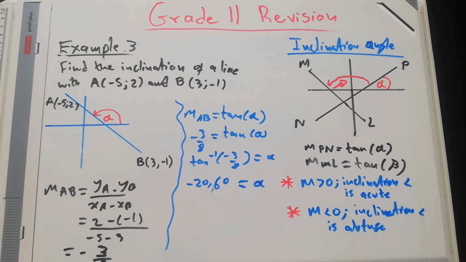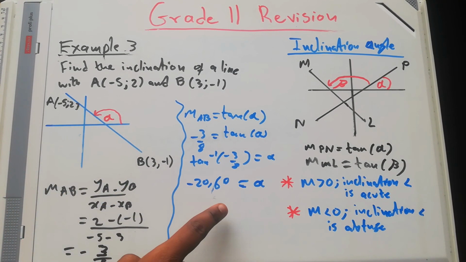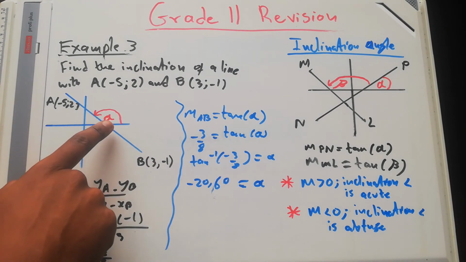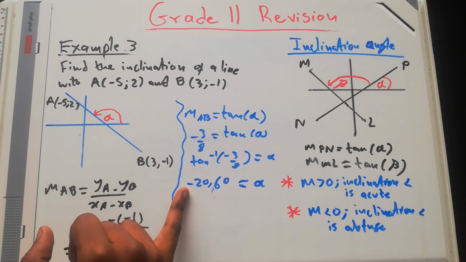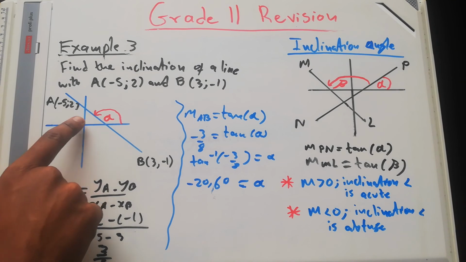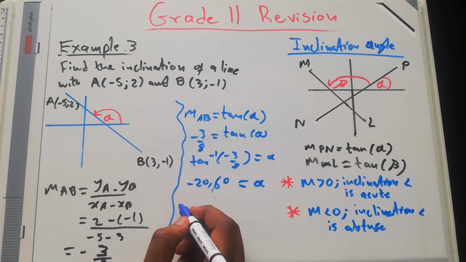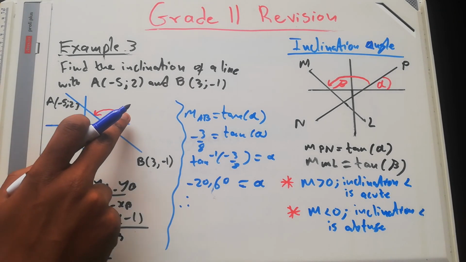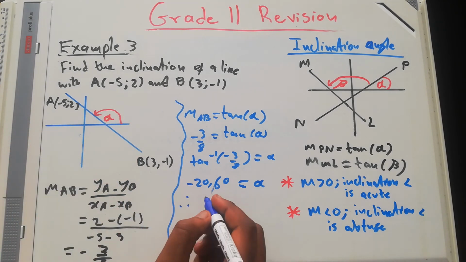From the diagram you drew, you can clearly see that this angle is not this one, because this one is clearly greater than 90 degrees. And as I said, if it's negative, it means that you found the adjacent angle. So the angle we found is actually this one, not this one. All you have to do now is add 180 to this one to get the inclination you are looking for, because angles on a straight line always add up to 180.